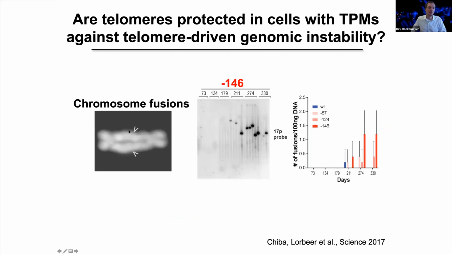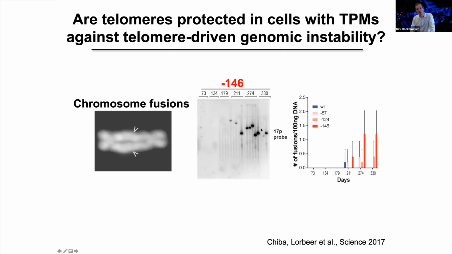Here we are assaying for telomere fusions in the subtelomeres of the X and chromosome 17. And what you can appreciate here is if we follow these amplicons over time, we see that there are very few telomere-telomere fusions initially when telomeres are long.